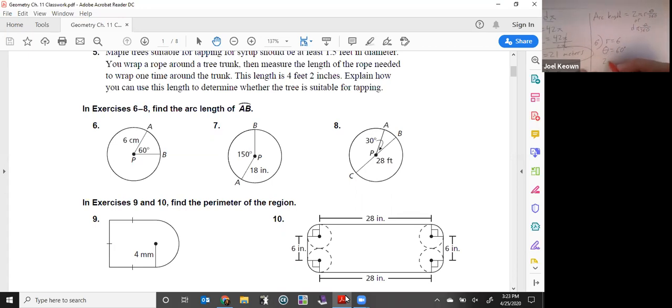I'll say 2 pi, radius, which is 6, and then our angle, 60 over 360 degrees. Now, I'm going to end up with a fraction here. So I'm just going to plug this all into my calculator, except the pi, and I'm going to leave pi in my answer. So let's pull up my calculator.